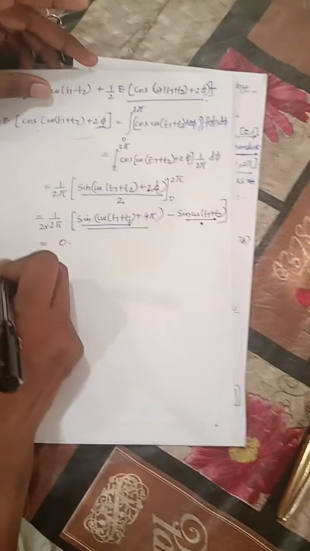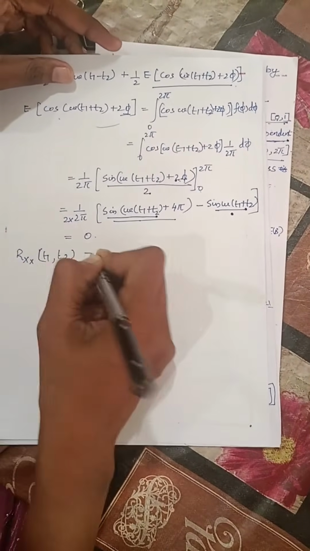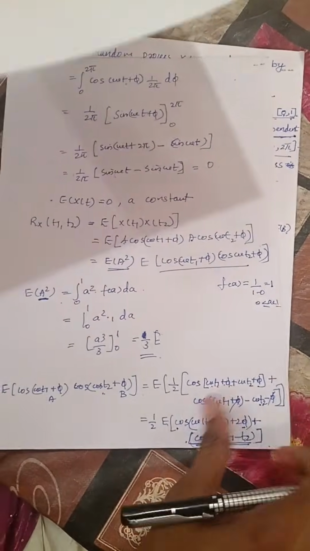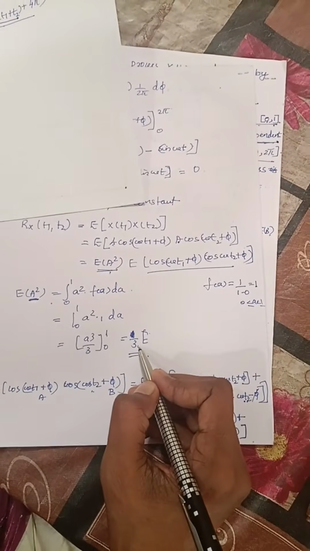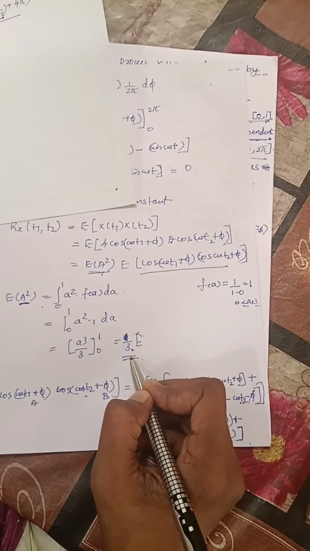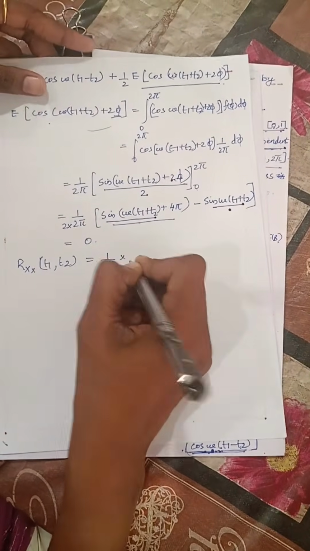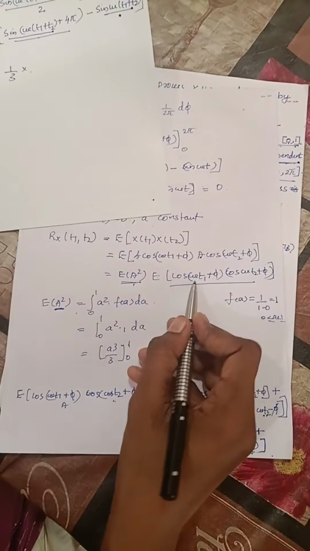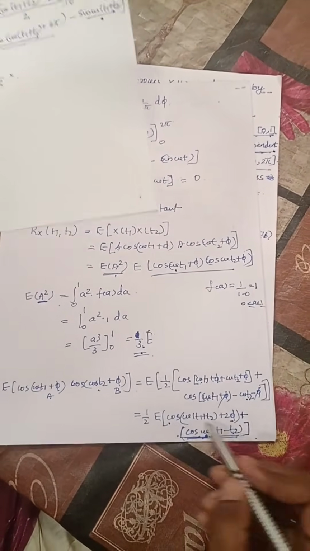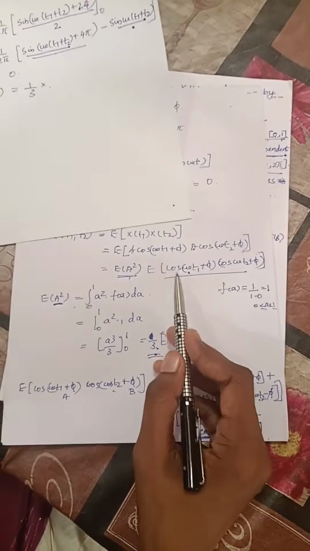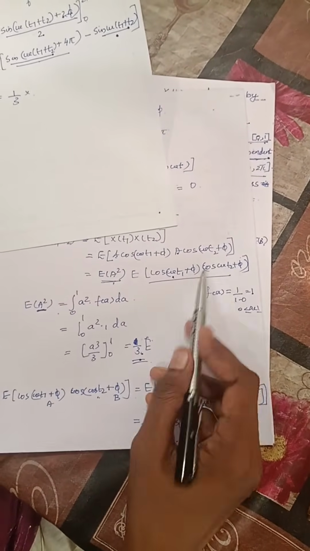So what is now Rx of t1, t2? We have obtained that Rx of t1, t2 is the expectation of a square, which is 1 by 3, into the expectation of cos omega t1 plus phi into cos omega t2 plus phi.